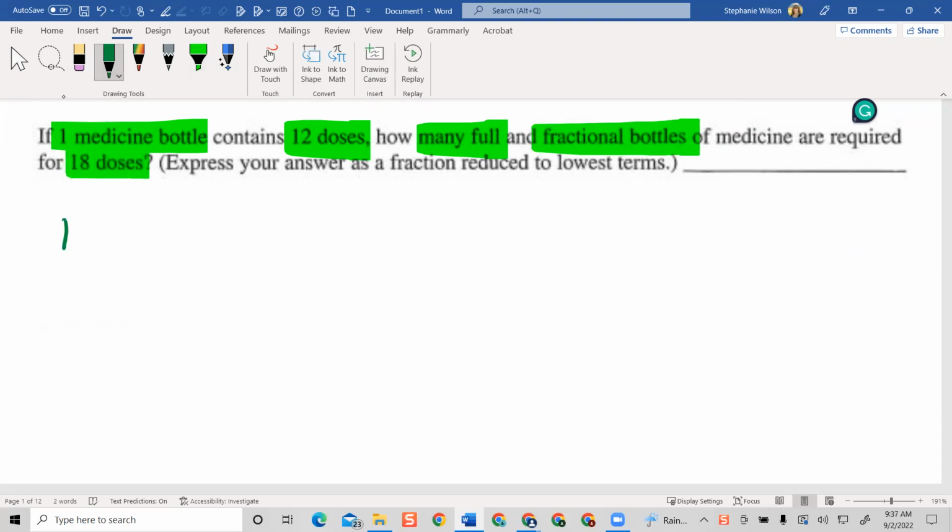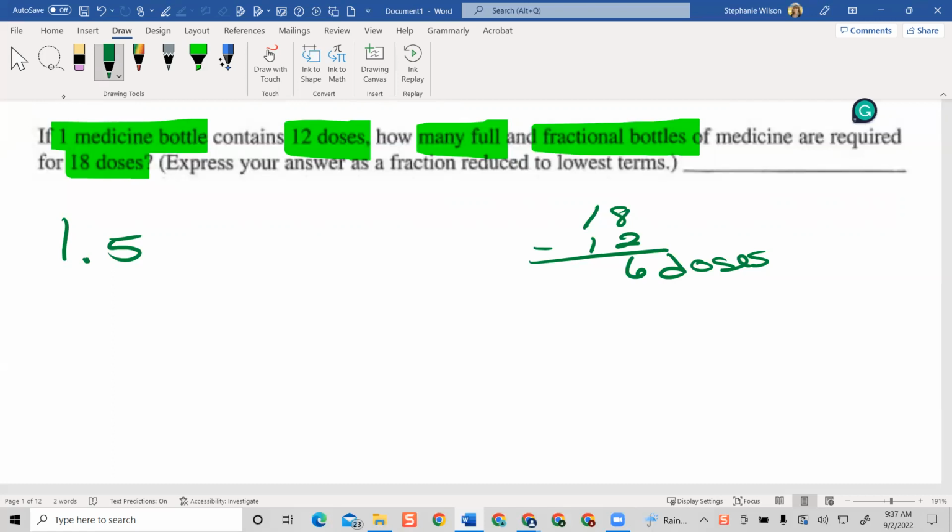So if one bottle is 12 doses and we need 18, well, 18 minus 12, that's 6. We need 6 more doses. Well, if one bottle is 12 doses, then that means we need half of another bottle, correct? To have 18 full doses. So we can write it as 1.5.